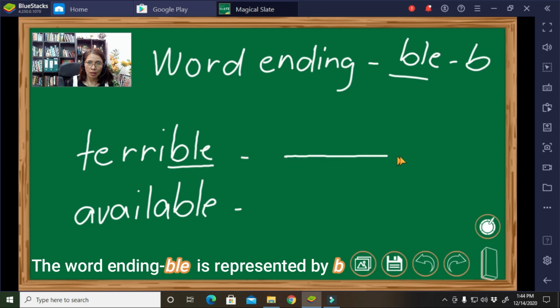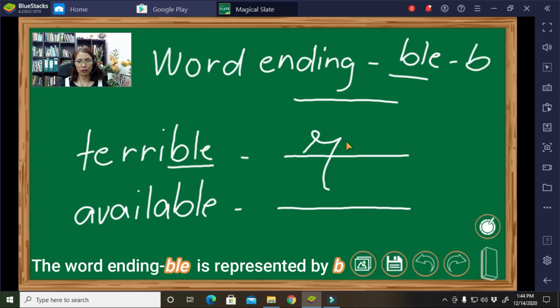Words that end in ball are represented by letter B. So we have an upward straight line followed by a small circle, then a forward curve, then we do have the word ending B symbol.